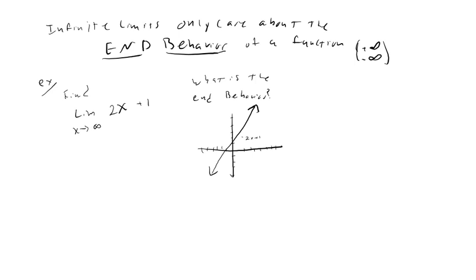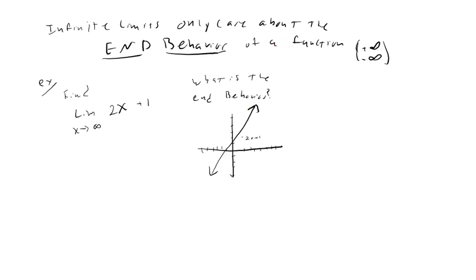As x approaches infinity, as we get bigger and bigger, what's happening to the function? Where is it going? What's it doing? As we approach infinity, as we get bigger and bigger in this direction, this graph is going up, and it's going to keep going up forever, right?